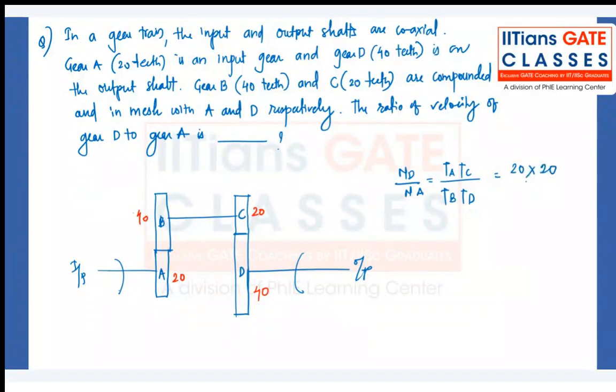So 20 multiplied by 20 divided by 40 into 40, which is 1 by 4, which is 0.25.